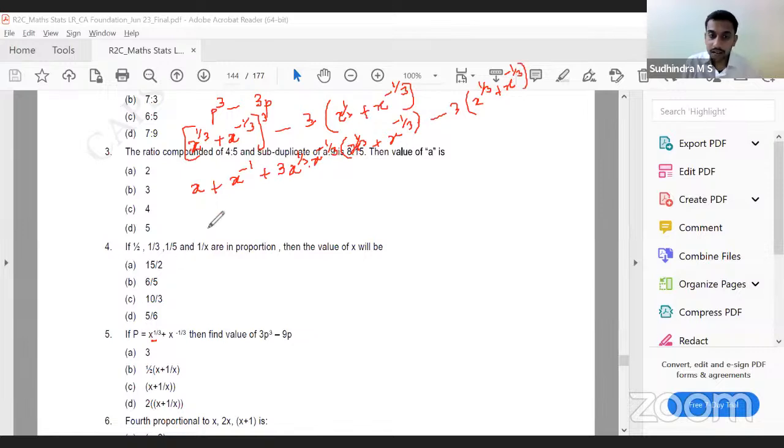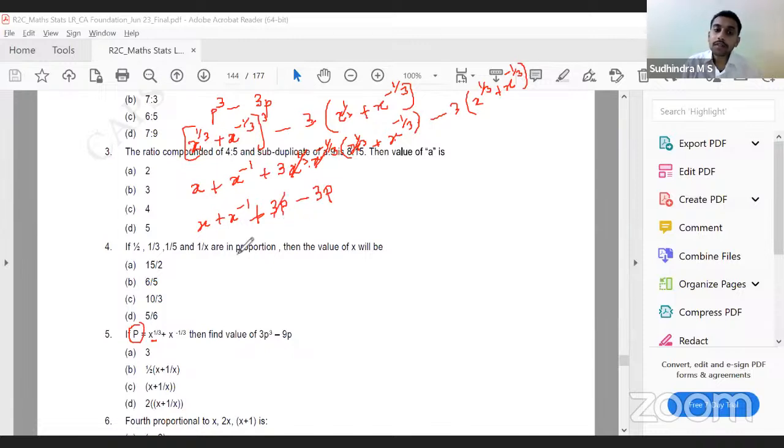So x plus x to the power of minus 1, plus 3 into x to the power of 1/3 plus x to the power of minus 1/3, which is nothing but p, minus 3 into x to the power of 1/3 plus x to the power of minus 1/3, which is p again.